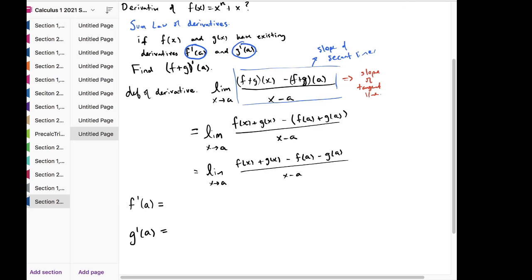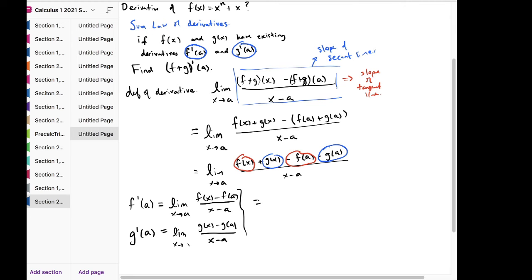But it's this, just with f of x: f of x minus f of a over x minus a. And then what's g prime of a? It's g of x minus g of a over x minus a. So do you see these in this limit here? Here's f of x minus f of a, and here is g of x minus g of a. So let's put them together.